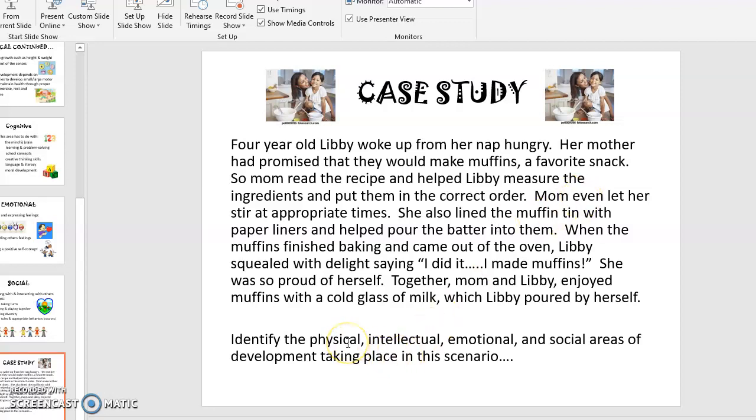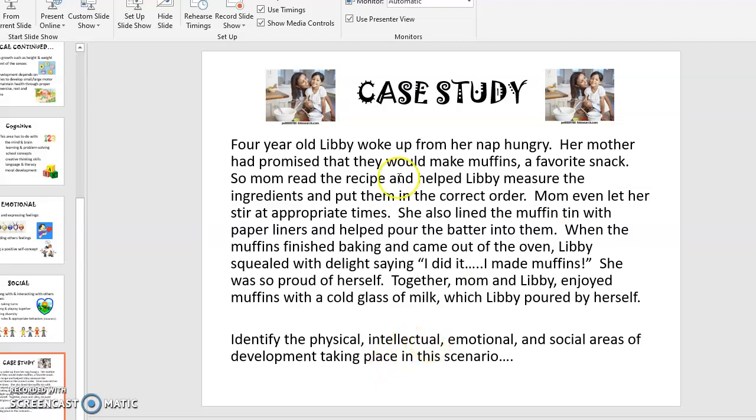So if we take a look at physical development, she woke up from her nap hungry, so appetite can have a little bit to do with that. And then measuring ingredients means that she was using fine motor skills. Lining the muffin tin, again, is an example of fine motor skills.